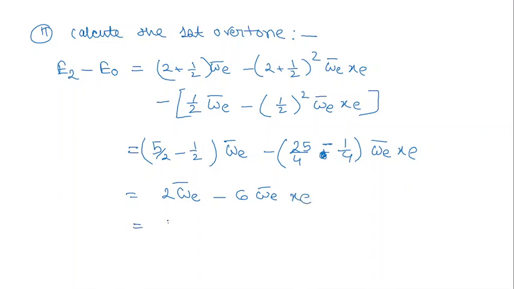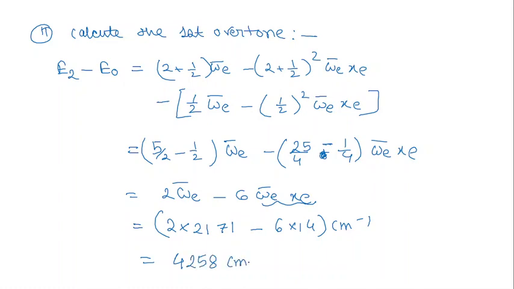Now I will put the values here. Omega e bar, what we calculated, 2171, minus 6 into 14, all in centimeter inverse. What will be the value? 4258 centimeter inverse. I think this is the value.